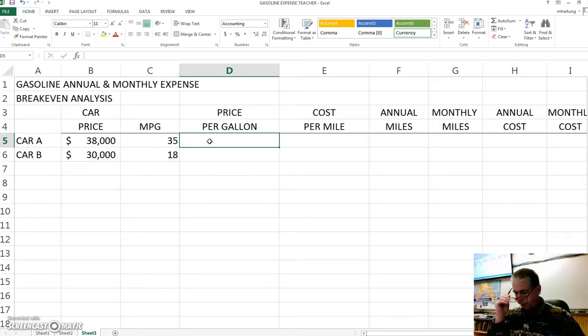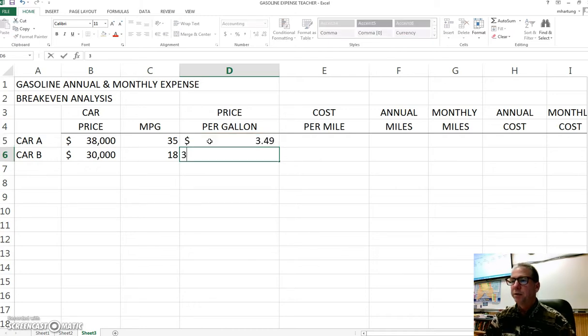Price per gallon. We're going to assume that gas is going to go back where it used to be. $3.49 a gallon for both cars.